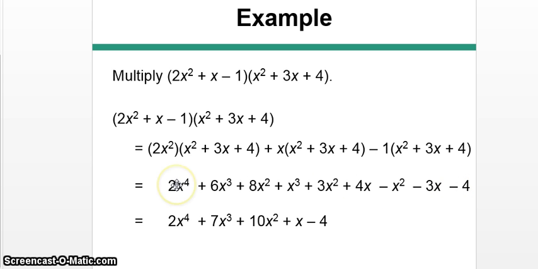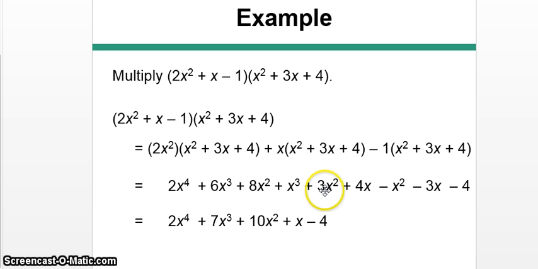Now we have to look for the like terms. There are no like terms for 2x to the 4, so we write it once. Now look at here, 6x cubed, and here also x cubed. These two are like terms, so we can add them. 6 plus 1, 7x cubed. Now here 8x squared, 3x squared and negative x squared, they are like terms.